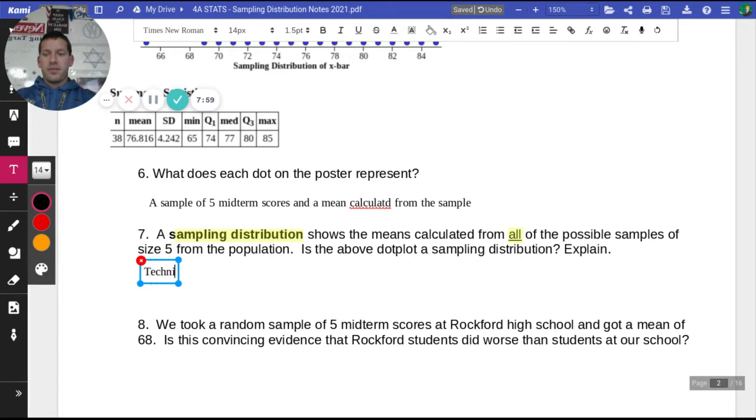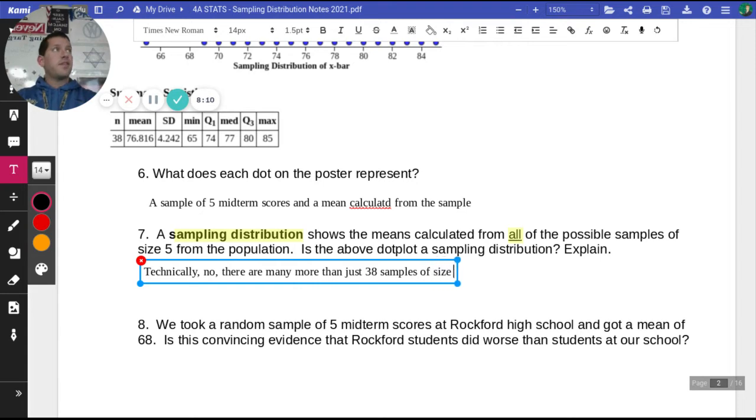So technically, no, there are many more than just 38 samples of size 5 out of 146 data points, but that there's just too many.